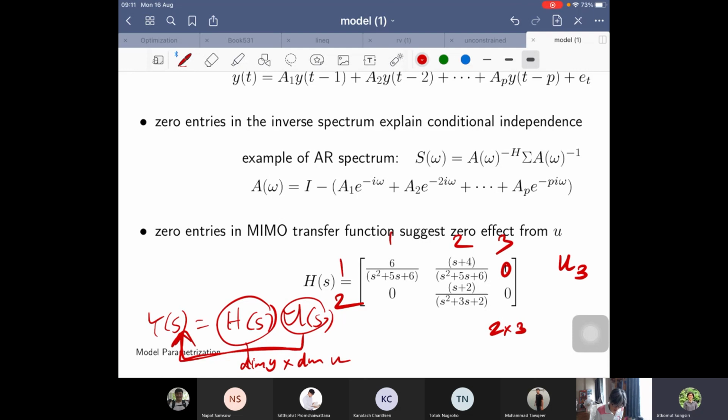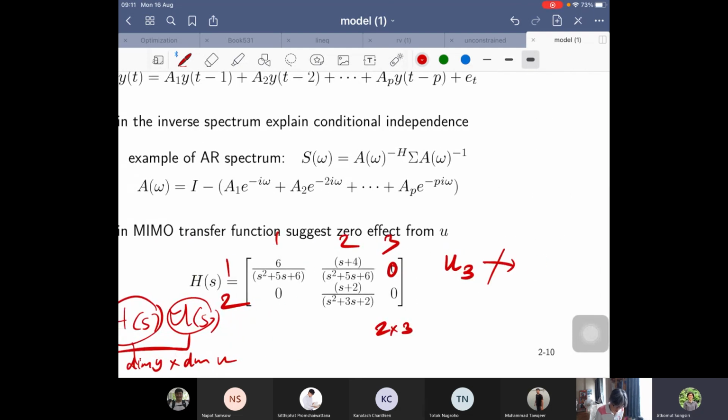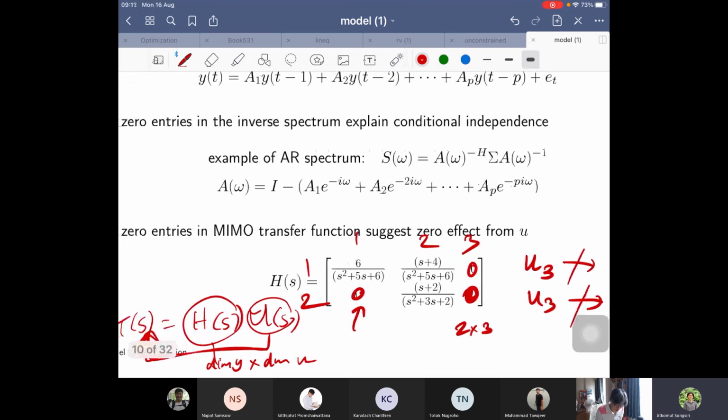U3 has no effect on Y1. If you look at this 0, U3 has no effect on Y2. And if you look at this 0 at element 2, 1, U1 has no effect on Y2.